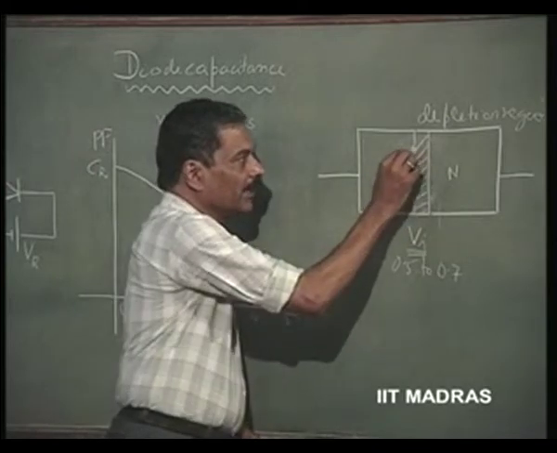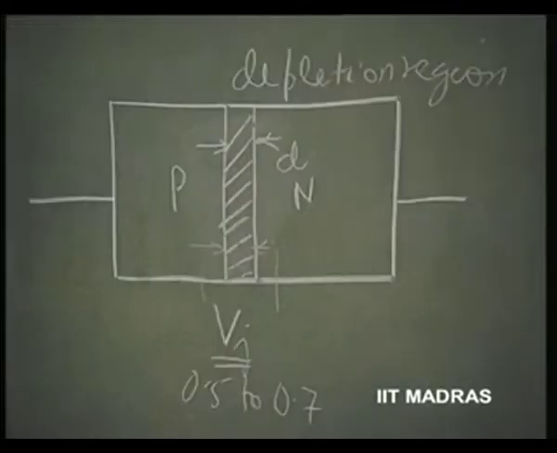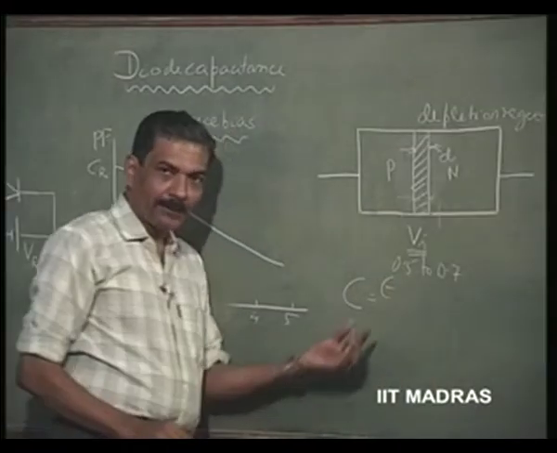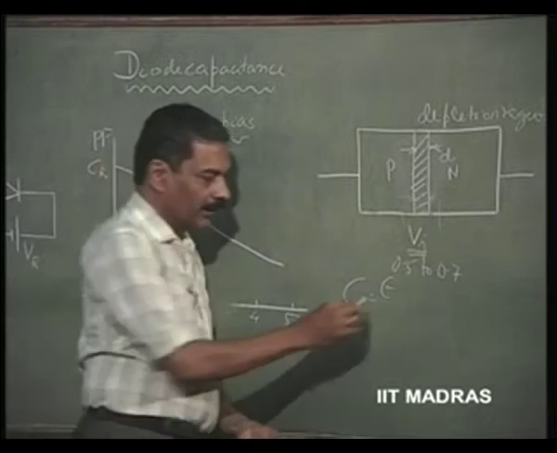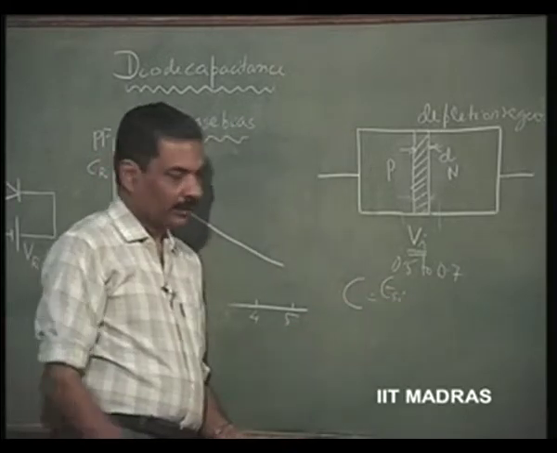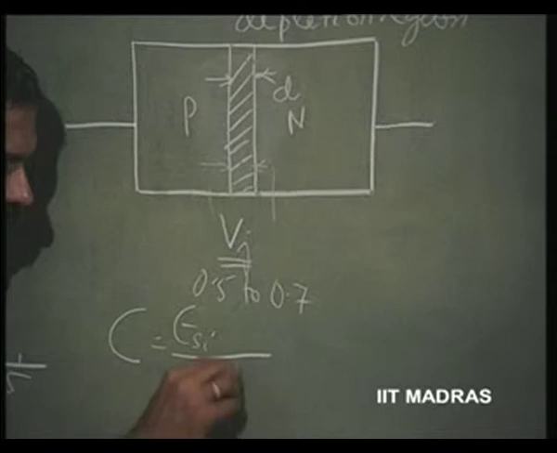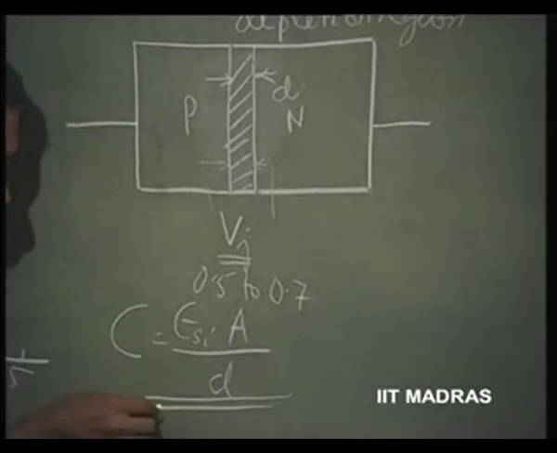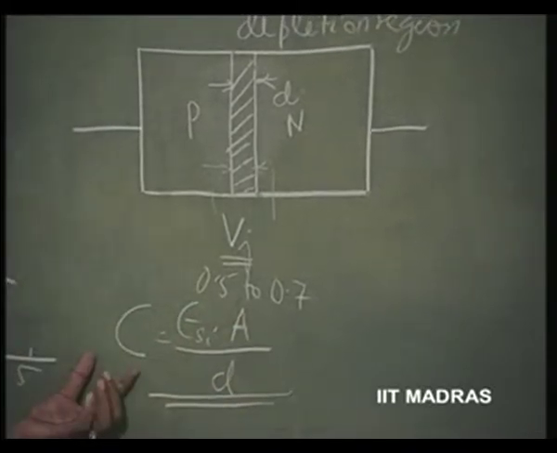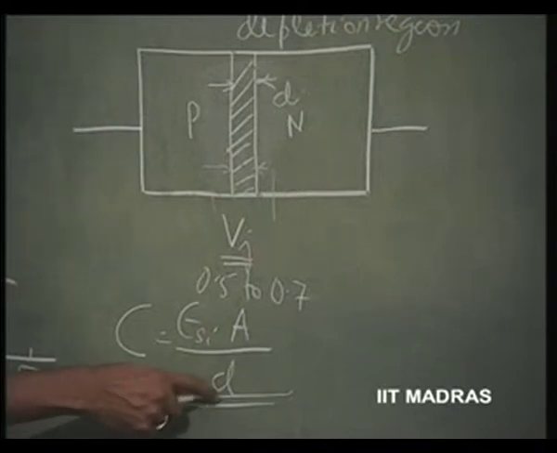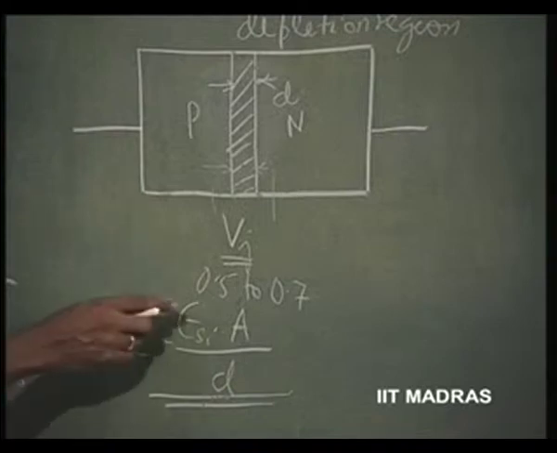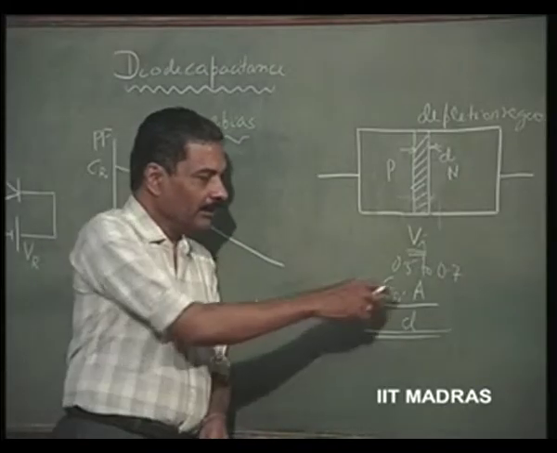So, if the depletion layer width is, let us say, d, then the capacitance is epsilon, where epsilon corresponds to that of silicon, divided by d into area. The normal way parallel plate capacitance is defined is nothing but epsilon into area of the capacitance plates, with the distance between the parallel plates, d, coming in the denominator.